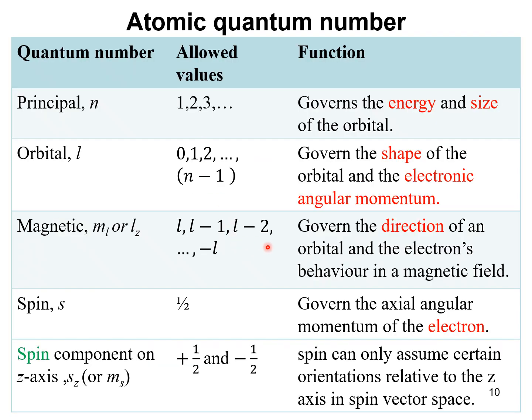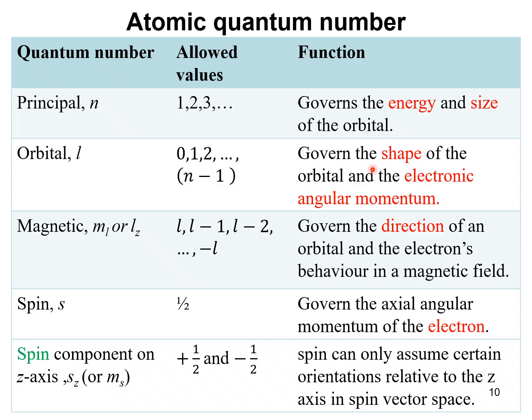Just now you have seen the different types of quantum numbers. This table summarizes the quantum numbers involved in labeling the electron in an orbital. So we have the principal quantum number, given the symbol n, which will govern the size and also the energy of an orbital. The value of n ranges from a positive integer to infinity, whereas the orbital angular momentum quantum number is given the symbol l, lowercase, and its value ranges from 0 to n minus 1.